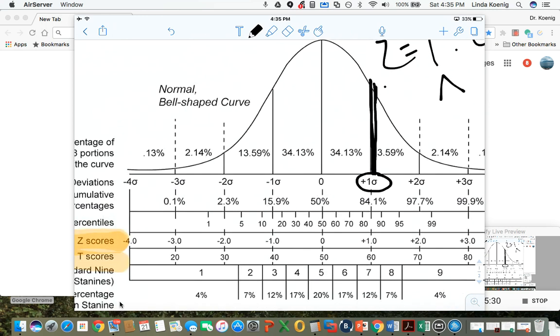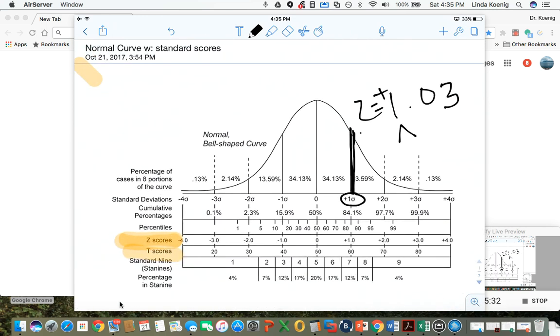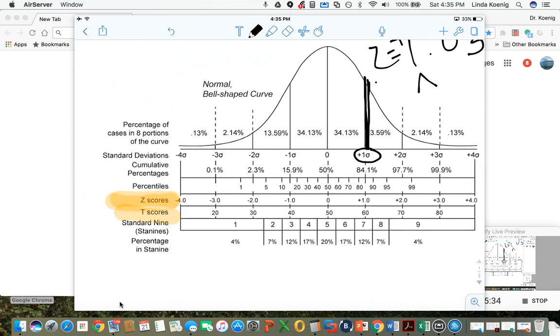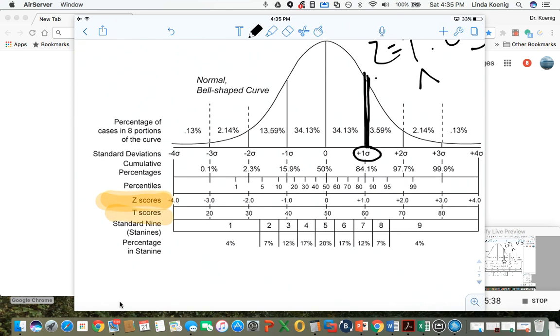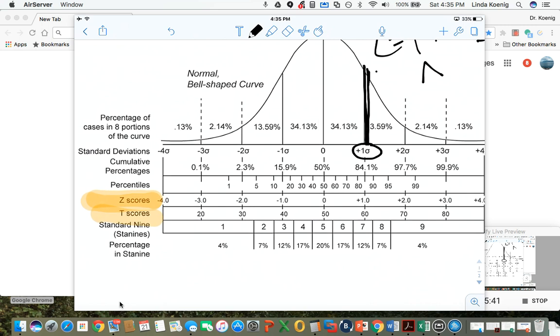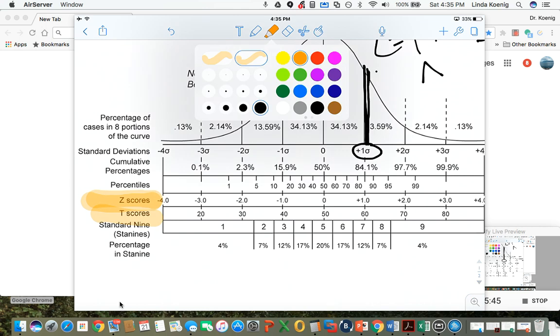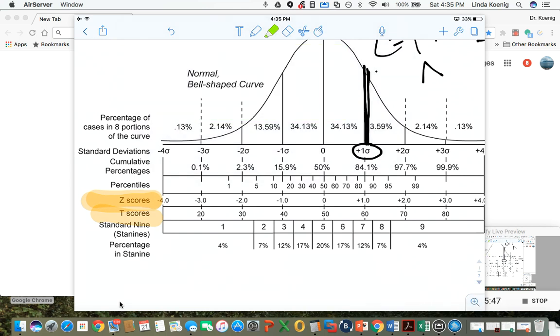Additionally, we can get some idea of what that means. If we're at 1 standard deviation above the mean, and we look at the percentages underneath, our cumulative percentage goes from the left side to the right side, and it keeps adding all of this up together.